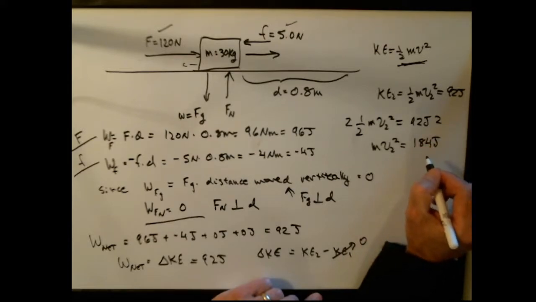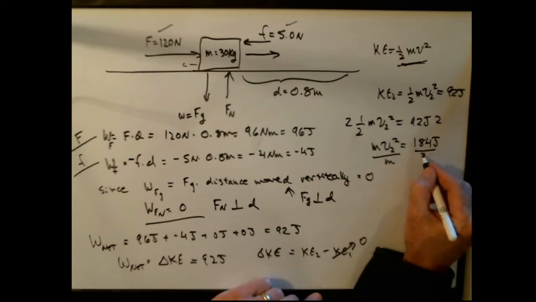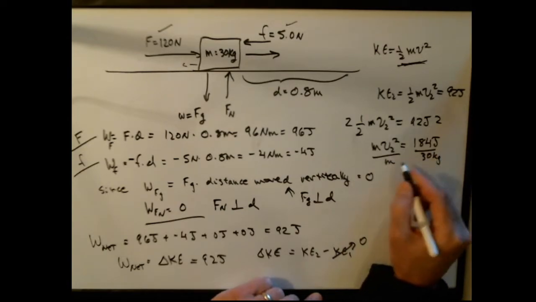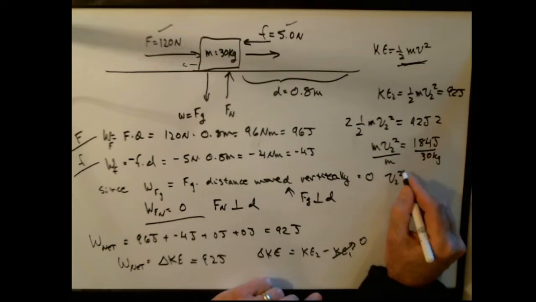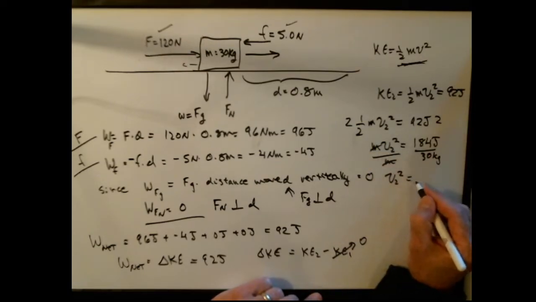I just multiplied 92 by 2. And then I can divide both sides by the m, which is 30 kilograms. This gives me v2 squared. The m's cancel. I could plug in the numbers if I wanted to, but I don't need to. This gives me about 6.13 joules per kilogram.